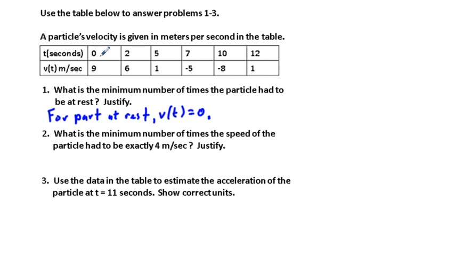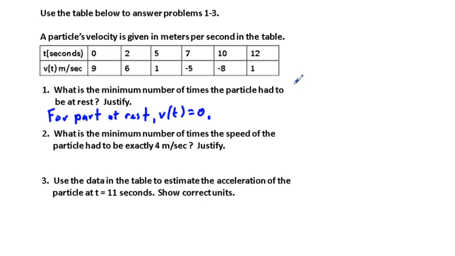Well, if we go along at time, we can see between t equals 5 seconds and 7 seconds, the velocity went from 1 meter per second down to negative 5 meters per second. And so somewhere in there, the velocity had to be 0.